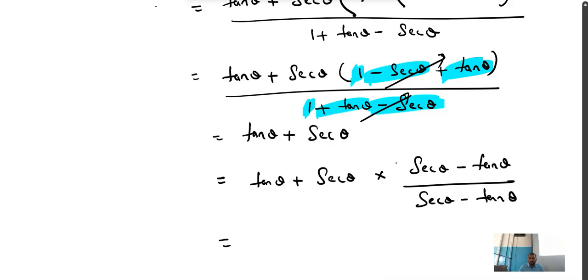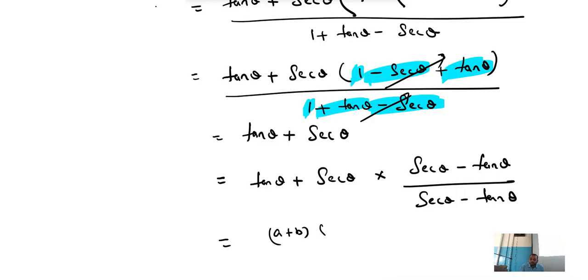Now what happens? Numerator tan theta plus secant theta, and here secant theta minus tan theta. It's in the form of a plus b. What is a? Tan theta. What is b? Secant theta. Now what can we write?